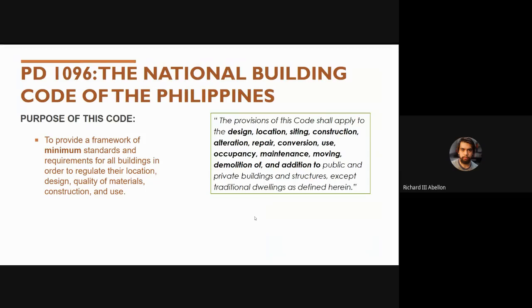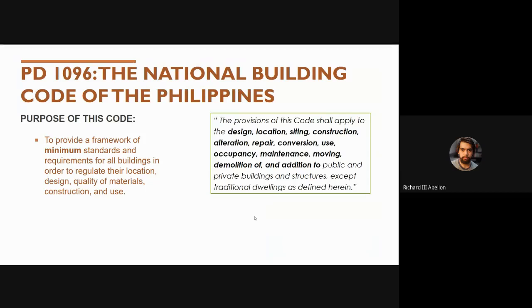Under the National Building Code, merong minimum standards. Okay? Minimum, ibig sabihin, you have to comply with the minimum in order for your design na papasa. Okay? So, regulation of their location, design, quality of materials, construction, and use.